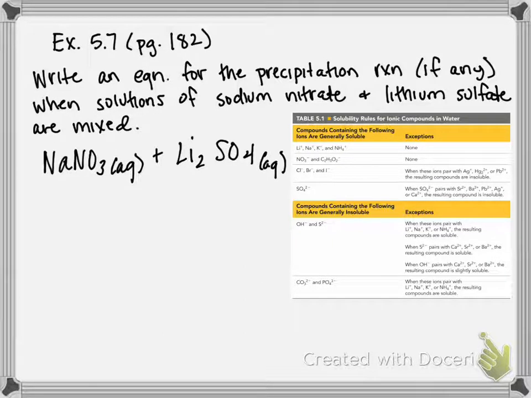So now we're going to do a little partner swapping. Cation of one goes with the anion of the other to make 2 possible products. So lithium and nitrate pair together, and then sodium and sulfate pair together.